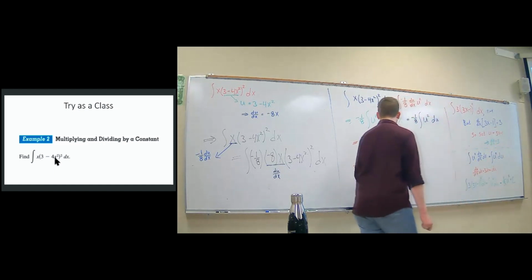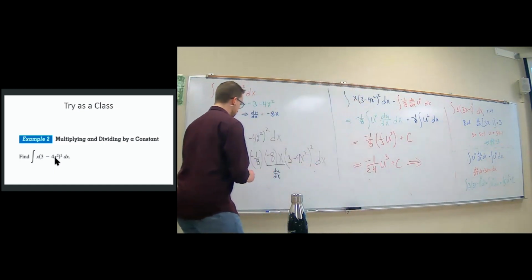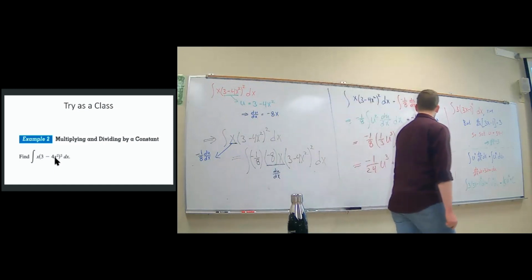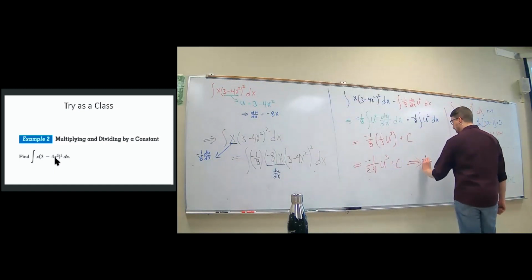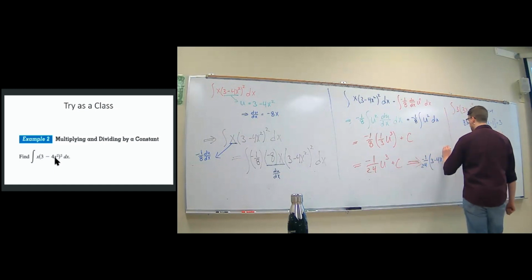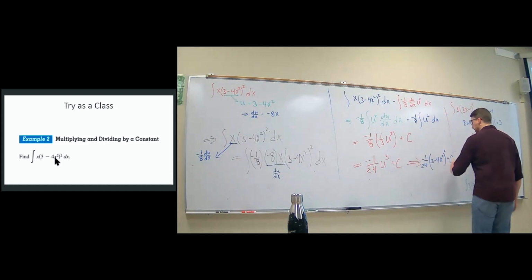So substituting u back in now, our answer is going to be -1/24 times (3 minus 4x squared) cubed, plus a constant.